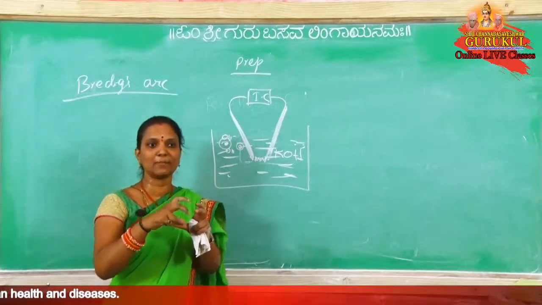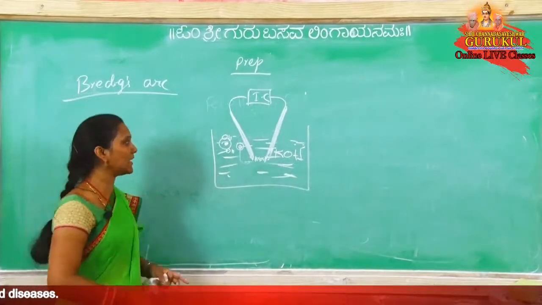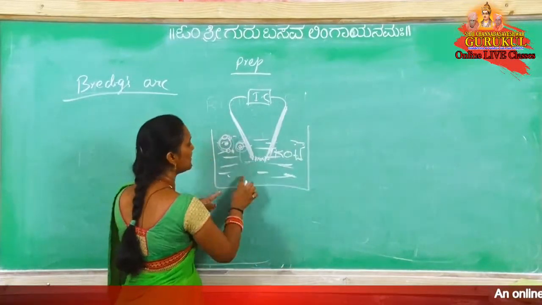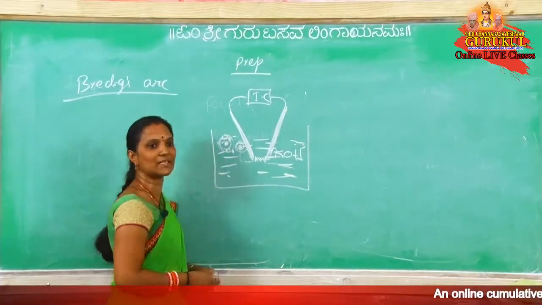The gold particle surrounded by OH minus is the protective layer. Now it changes to colloidal sized particles. So in this medium, colloidal sized gold particles are formed.